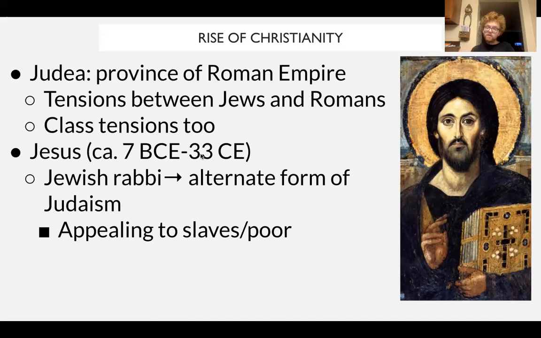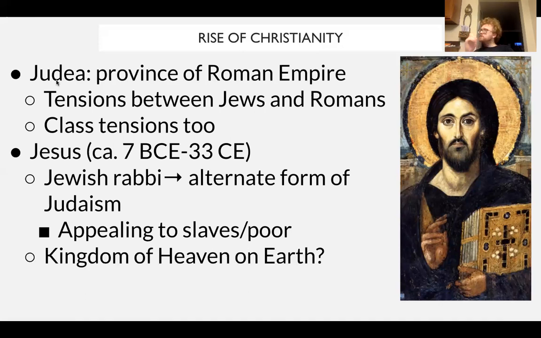However, if you put it in the context of all this class division, that's going to spell some trouble, especially because Jesus is going to argue in kind of vague terms that we can establish a kingdom of heaven, a perfect classless society on earth, in which God is the only authority, one God.